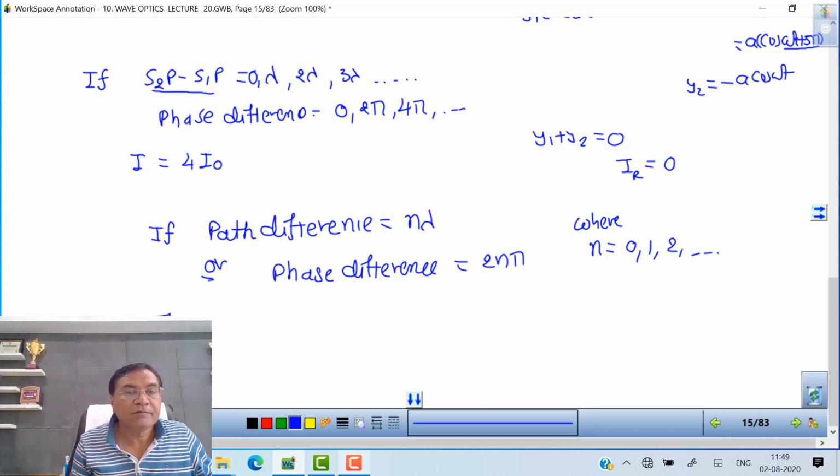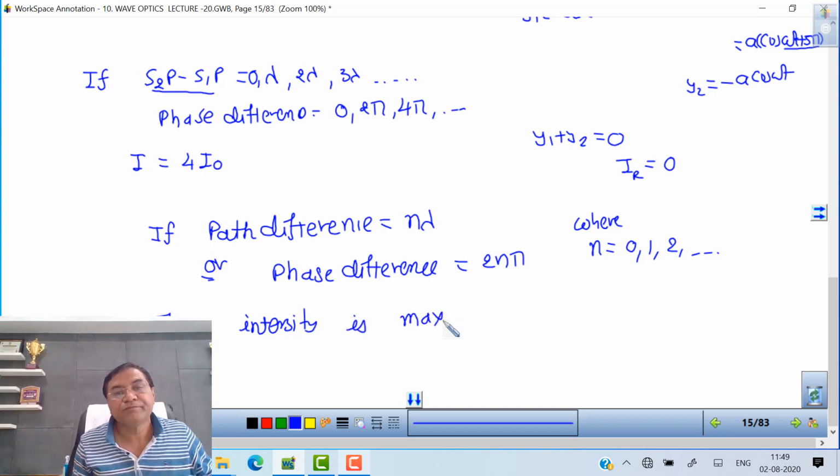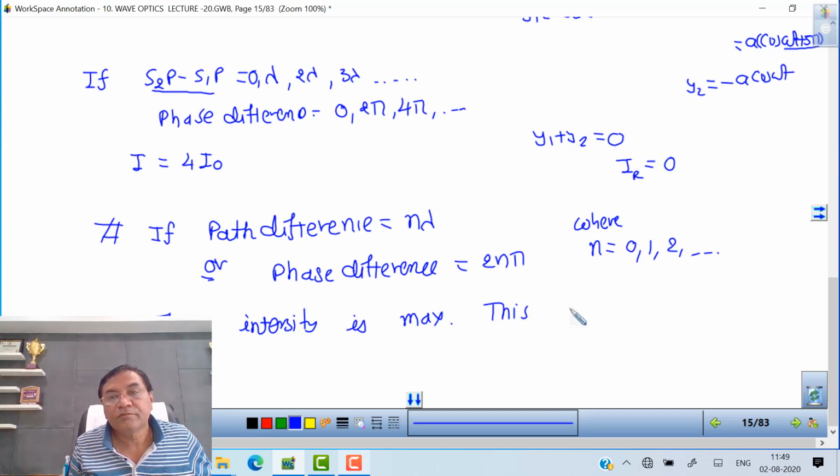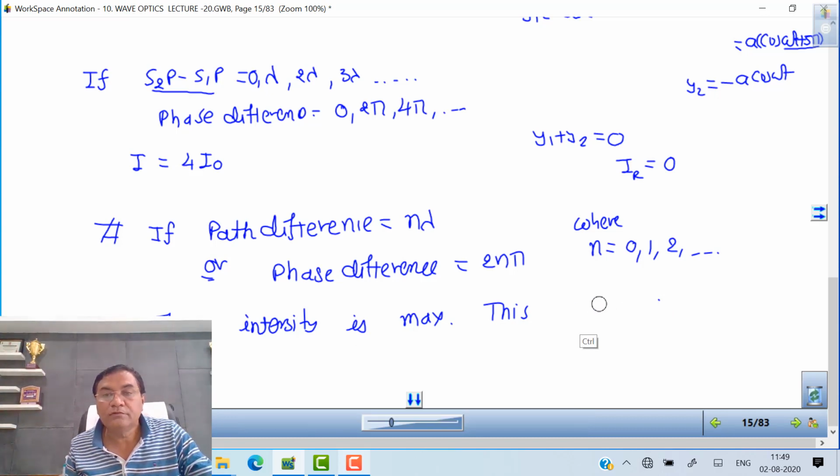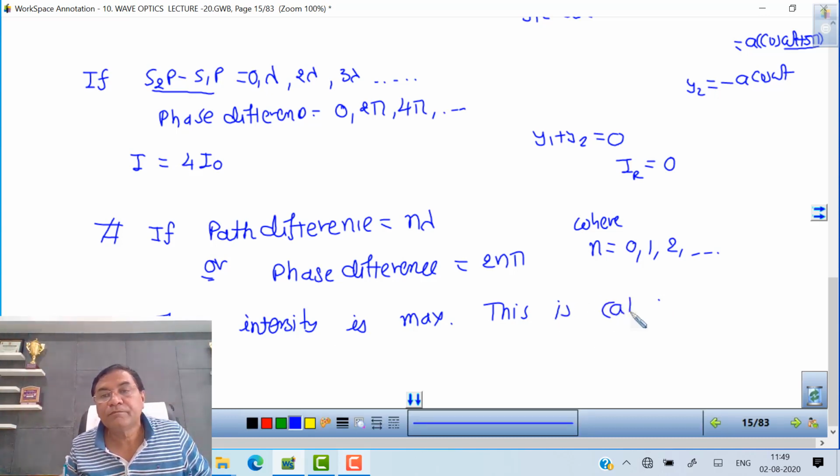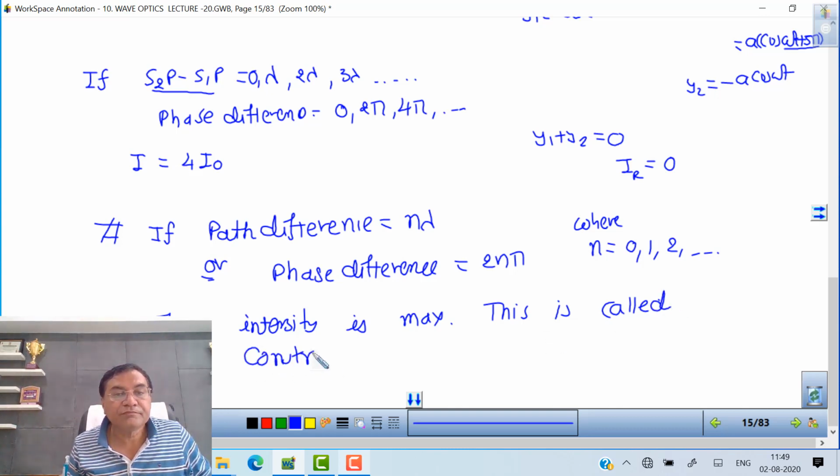Then intensity is maximum. So maximum intensity is obtained. This point gives maximum intensity. Okay, so this is called constructive interference.